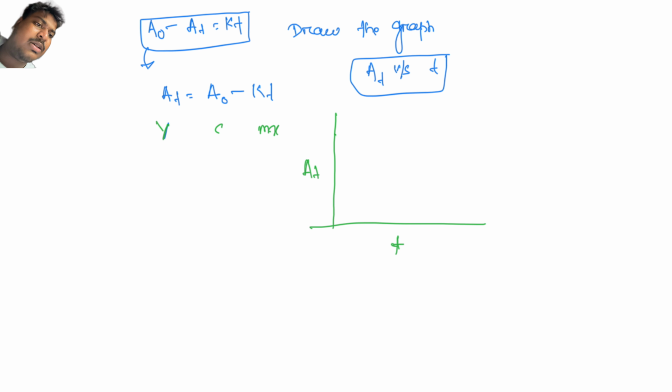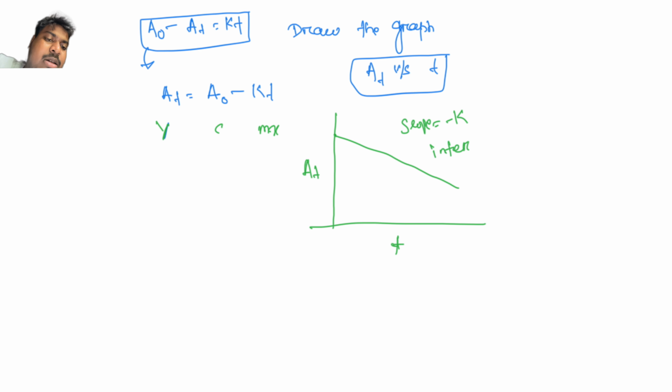Like this is the graph. Here this is the intercept. Slope equal to minus k, intercept equal to A naught. So this is all about the zero order reaction.